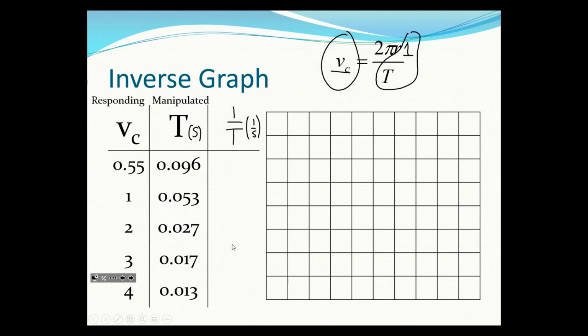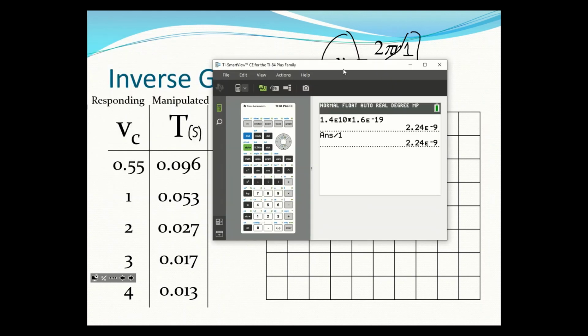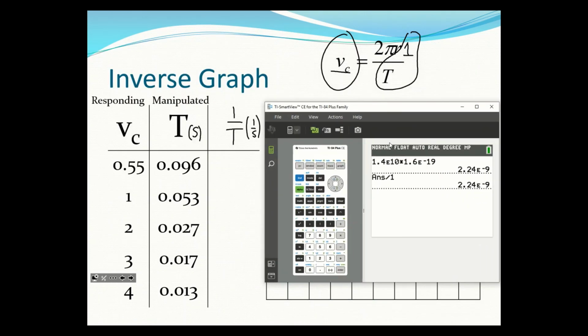So what I'm going to do is grab out my calculator, and take all of my t values, and 1 over them. So just give me a second for that calculator to open up. Okay.